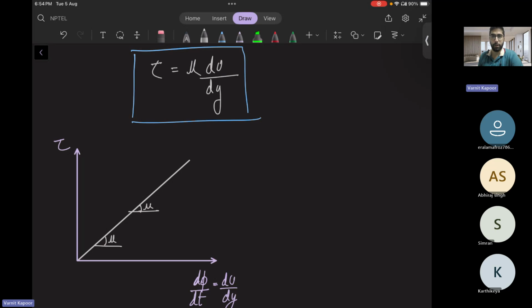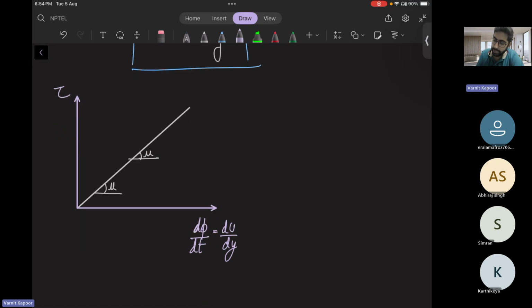For honey and water, honey has a higher viscosity compared to water. So what will the graph look like in that scenario? Again, make a plot for different fluids.